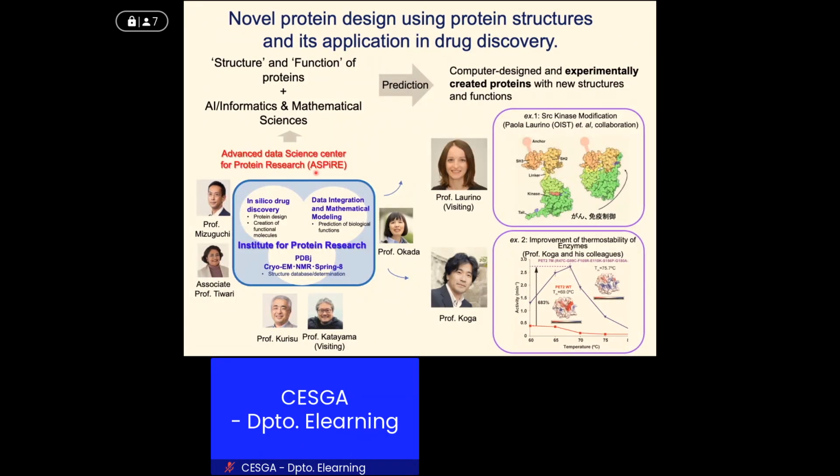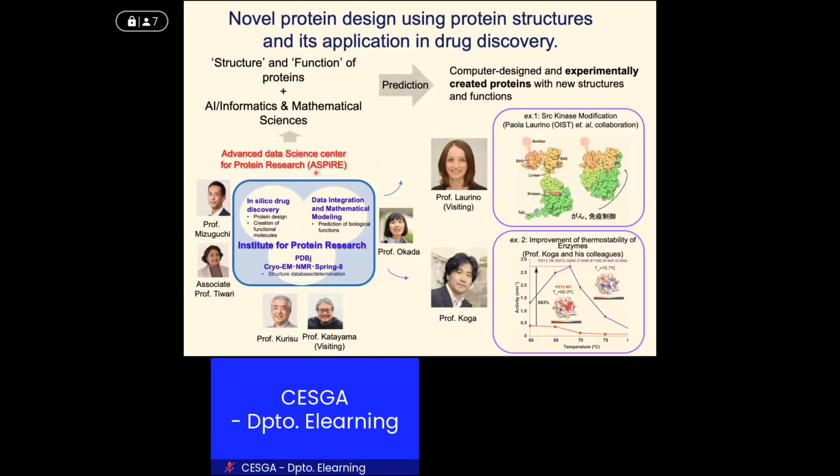This is about making new proteins, learning from protein structures. Because we have a lot of PDB data, why not use such information to make a protein?